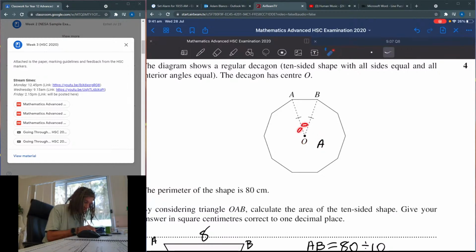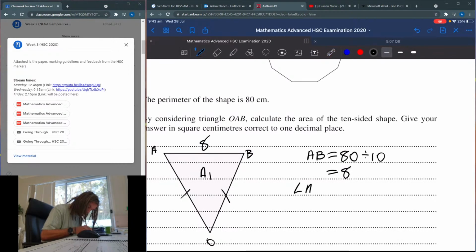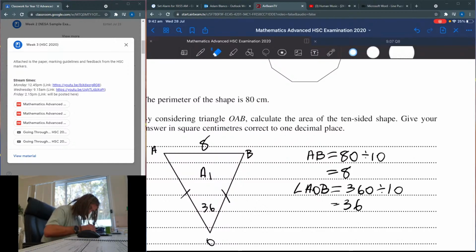And since there's 10 of these little parts, that means angle AOB is equal to 360 divided by 10. So that tells me that that little angle's 36 in there. I like it.